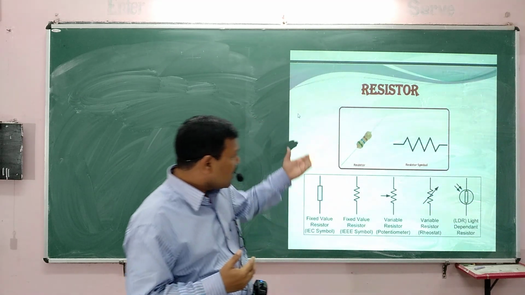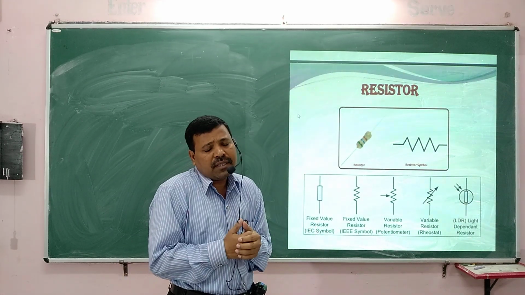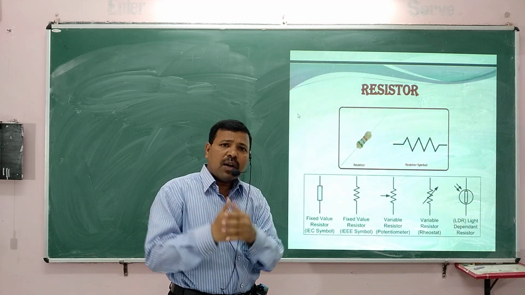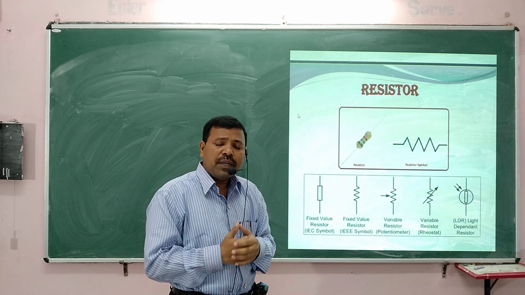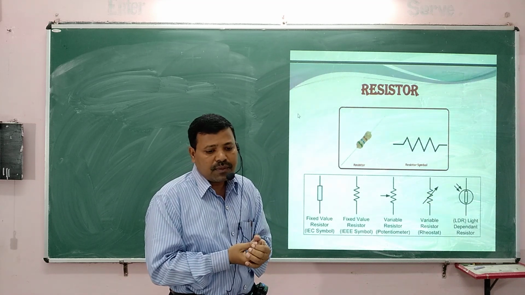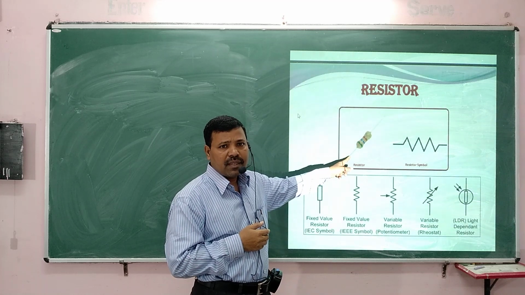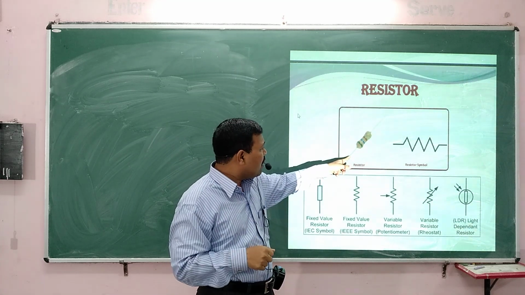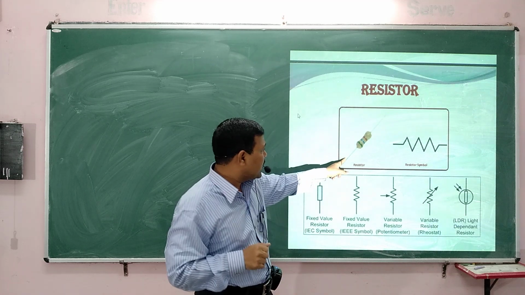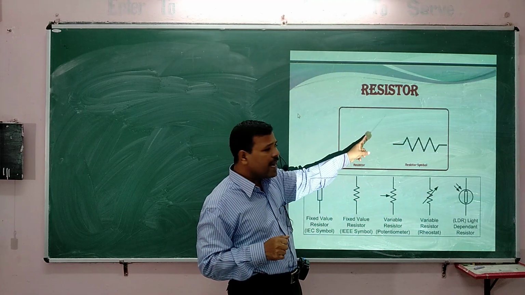Fine. The other type of resistor is a carbon resistor. These carbon resistors are used in electrical and electronic circuits. Look, here is a carbon resistor. It is made of carbon, and there are two terminals here, and there are some color bands.